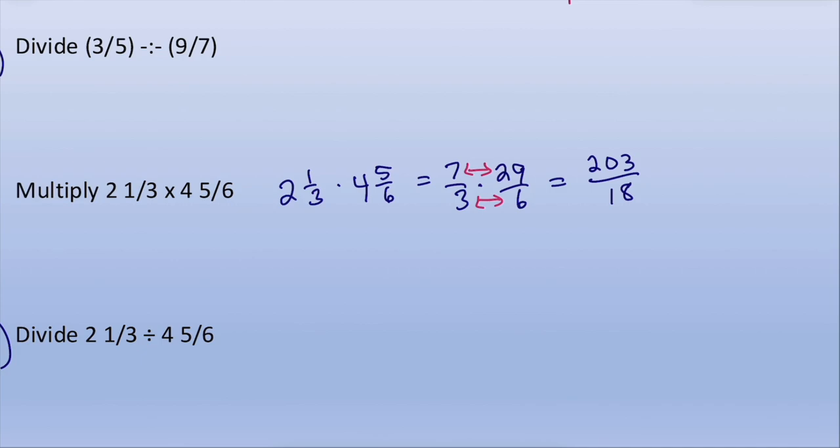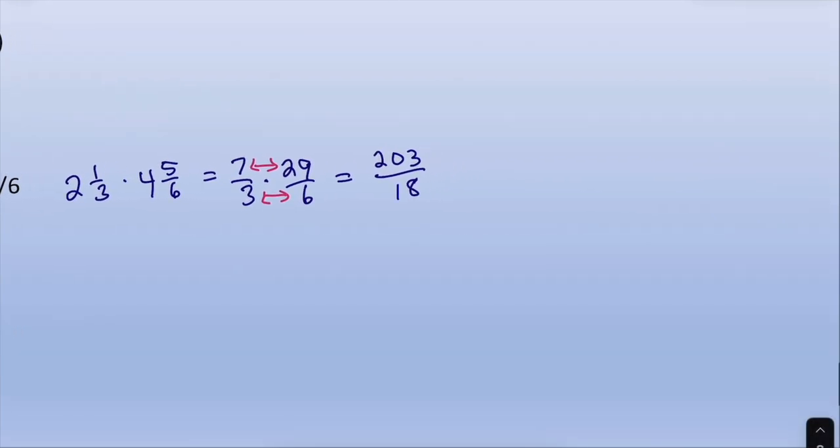Sometimes you don't like to see it as an improper fraction like that. So if you do our little division trick, let me show you over here. Numerator goes inside your division box.